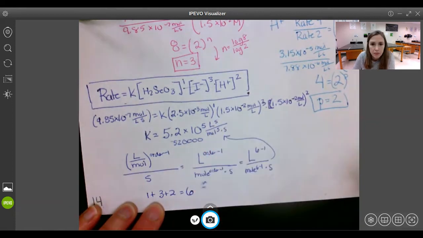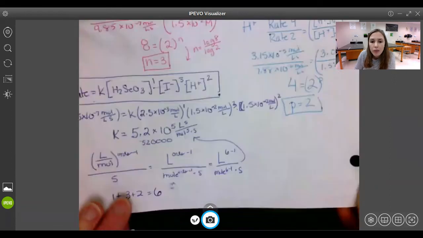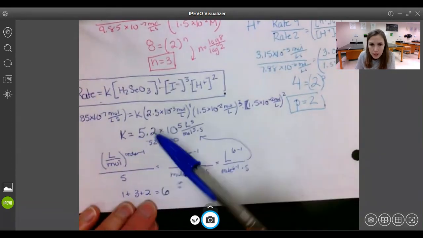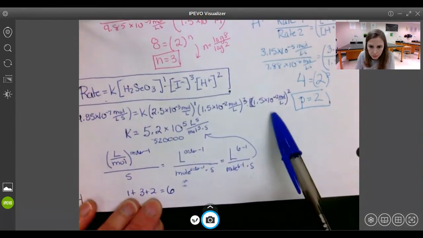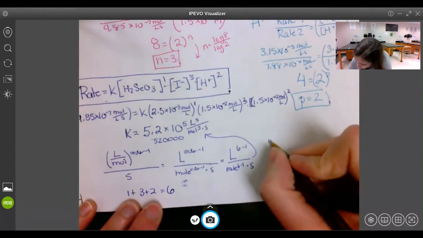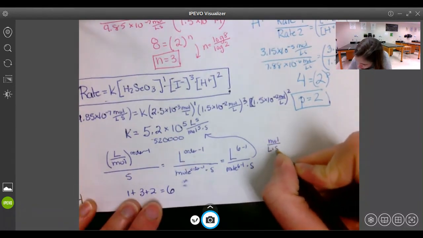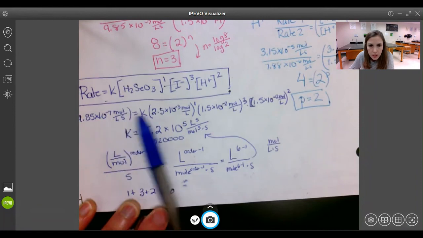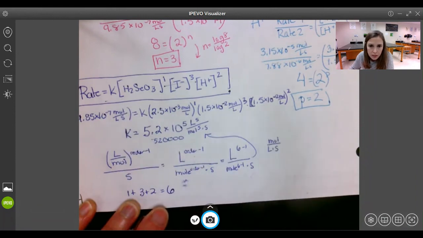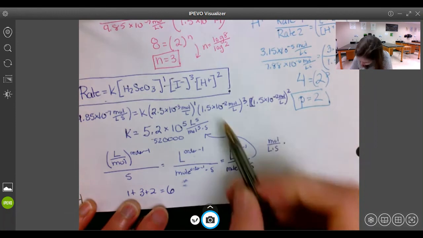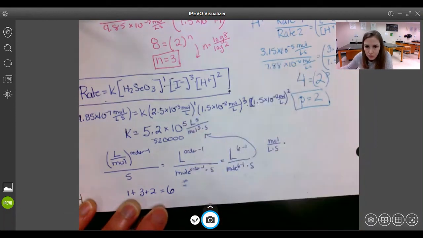Okay. One little thing, if you blank out and you don't remember this, you can still use your setup here. Keep in mind, you would have your mole over liter per second, because that's this unit here. And I'm going to divide it by these values here. So once I divide that, it would flip it.